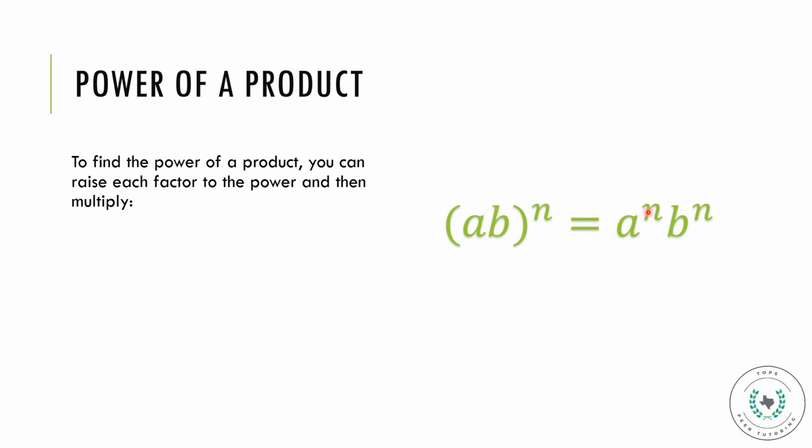And that's the same thing as saying a to the power of n multiplied by b to the power of n. In my experience, this works a lot like distributive property because it's essentially the same concept. You're just saying that anything that has this in this parenthesis has this n term attached to it. So the n is with the a and with the b.